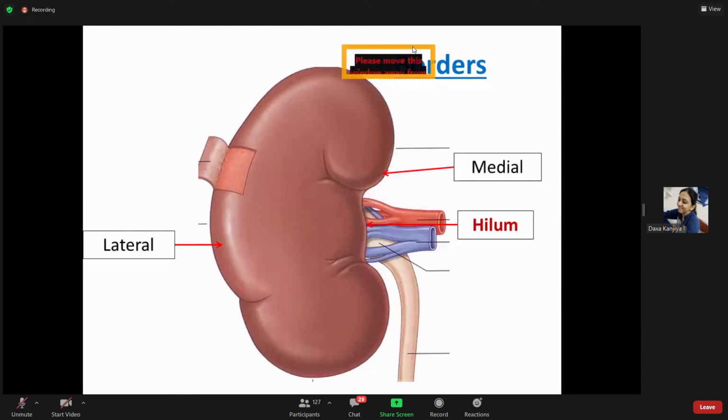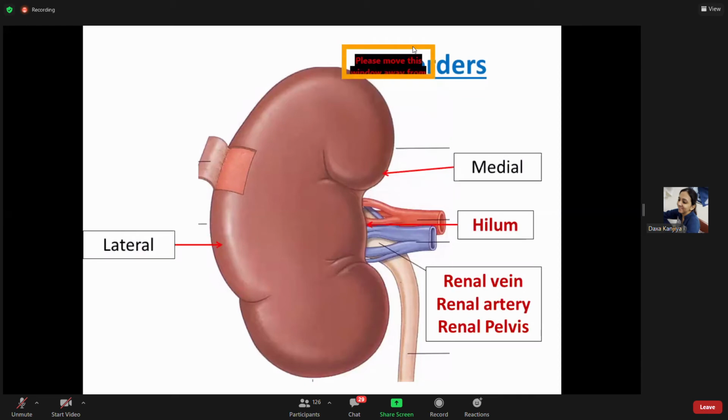For the side determination of the kidney, you have to remember the structural arrangements at the hilum of the kidney. From before backward, these are renal vein, artery, and renal pelvis. Pelvis is nothing but the upper dilated part of the ureter. So most posteriorly there is renal pelvis, most anteriorly renal vein.